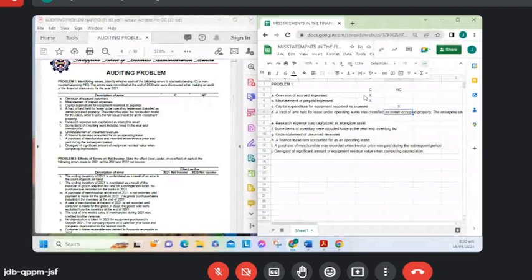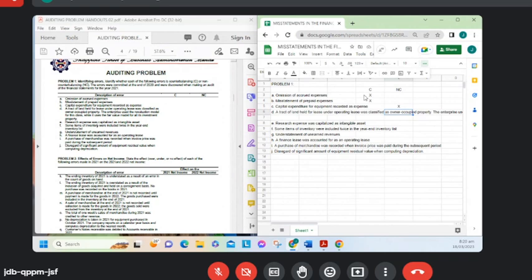Letter D, tract of land held for lease under operating lease was classified as owner occupied property. The enterprise used the revaluation model for this class, while it uses the fair value model for all its investment property.